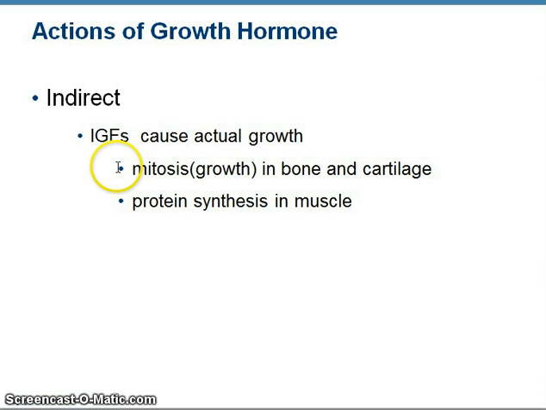When they hit bone and cartilage, they stimulate mitosis. So your growth plates keep growing and your bones keep getting longer. At the same time, the insulin-like growth factors are going to promote muscle growth, which is primarily done through protein synthesis so that your muscles get bigger and longer so that they can keep up with your growing skeleton.